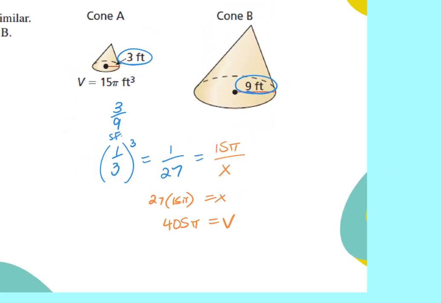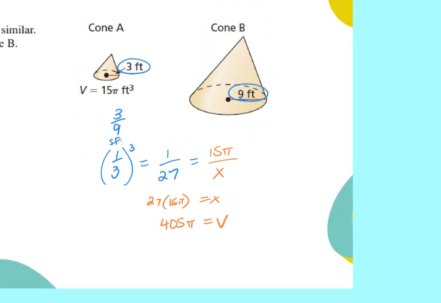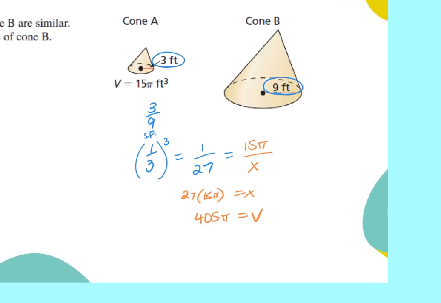And that's the volume of the big one, cone B. If it wanted you to round it, which I doubt because they gave it to you that way, it'd be 1272.3 feet cubed. Marsh, did that answer your question?